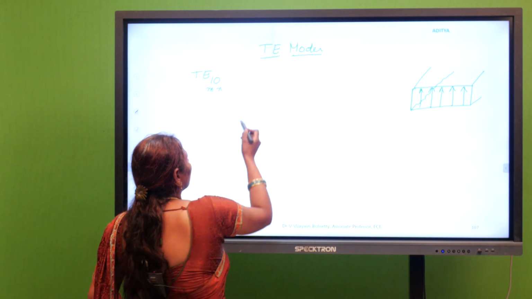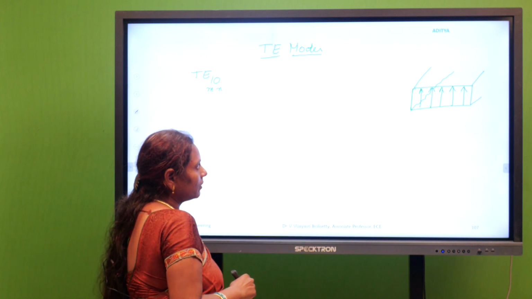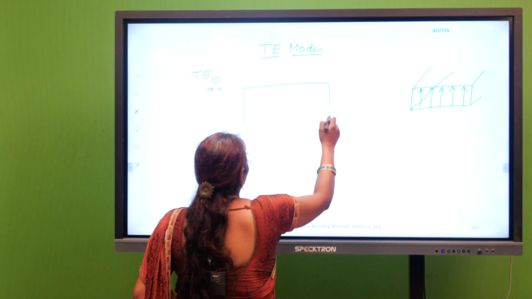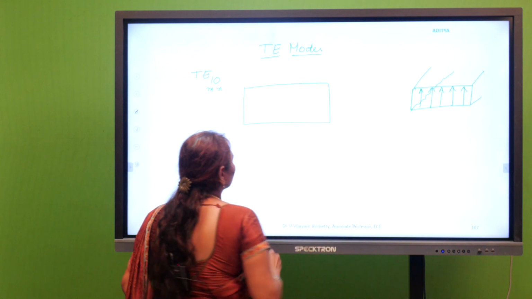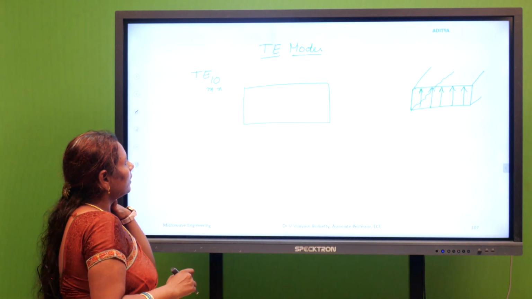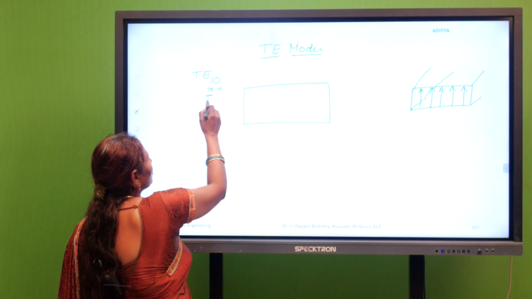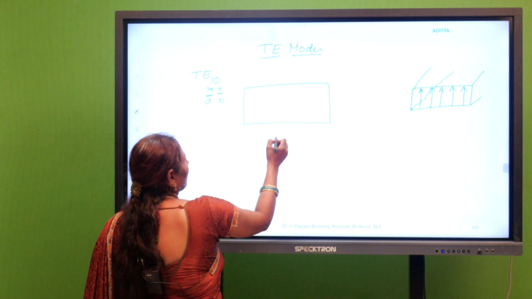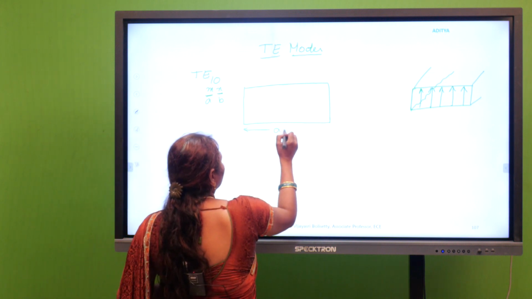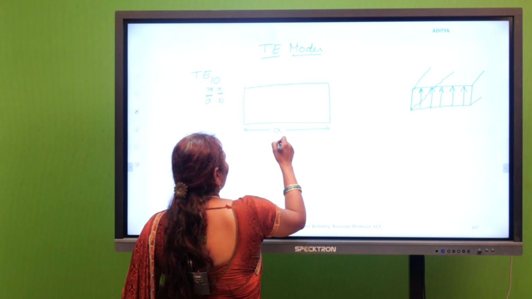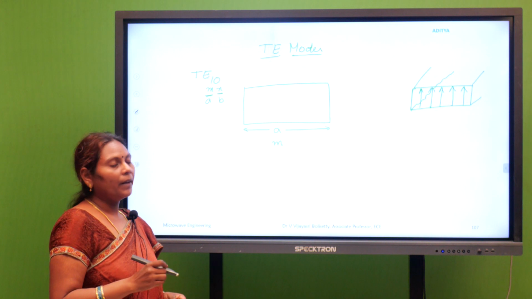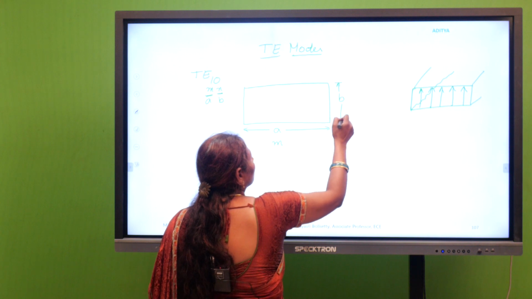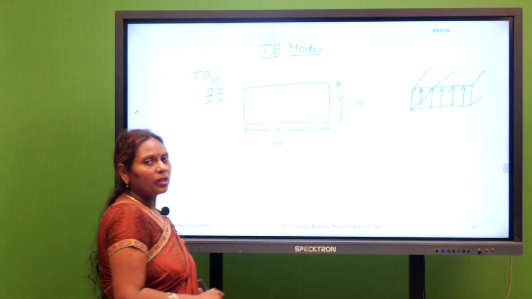Simply, for a rectangular waveguide to draw the field patterns, we take the front face of the rectangular waveguide, just like a rectangular box, and in this, M always corresponds to the dimension A and N corresponds to the dimension B. This is the broader dimension A. So, M variations we can see on the dimension A, and this dimension is B. So, N variations we can see on the dimension B.